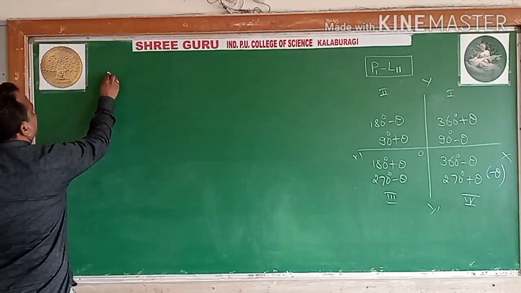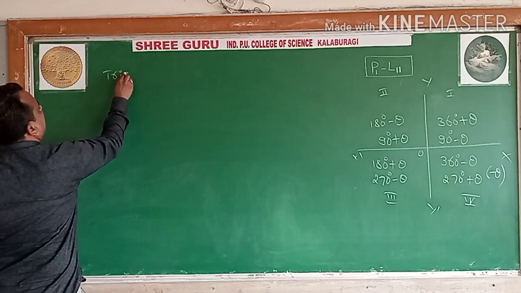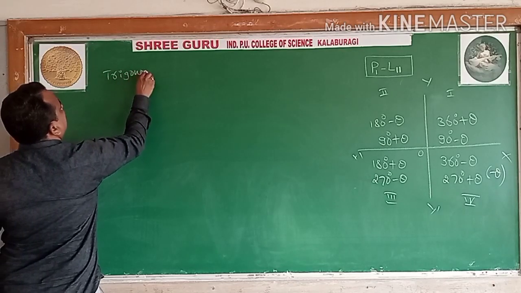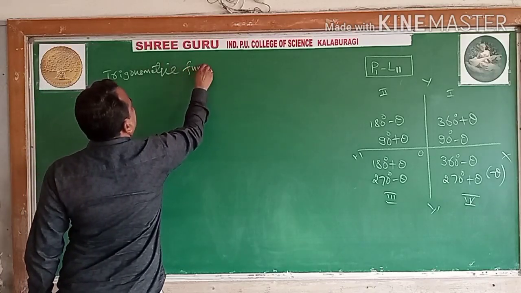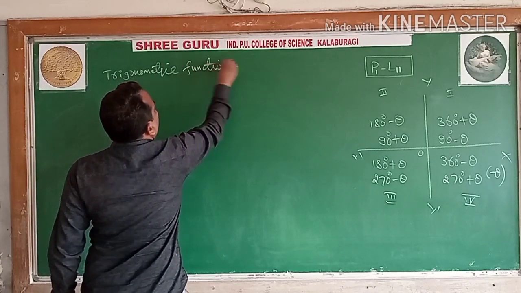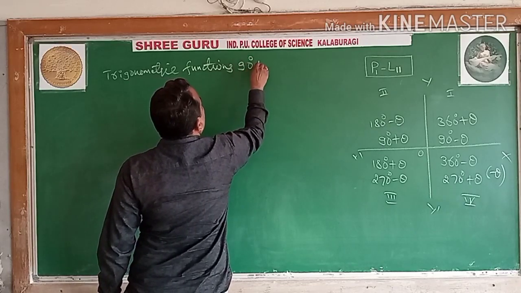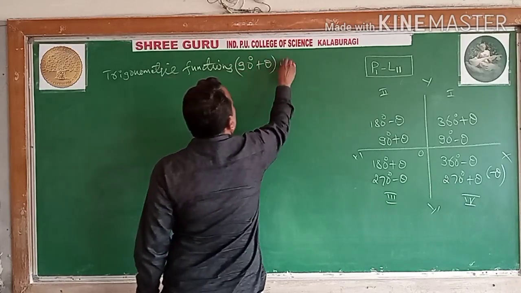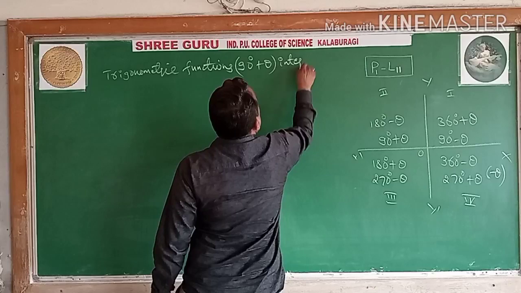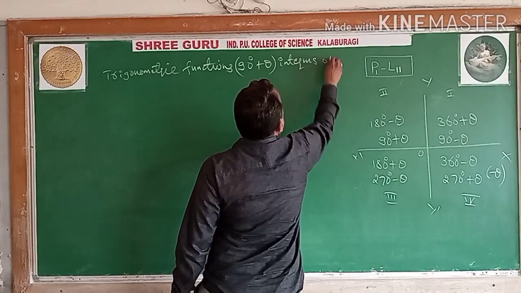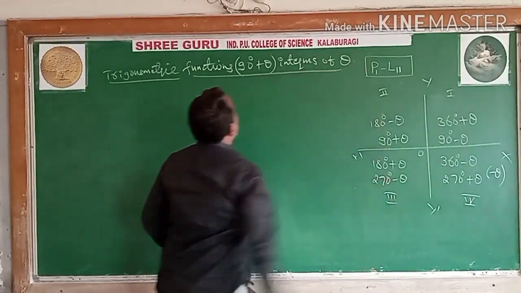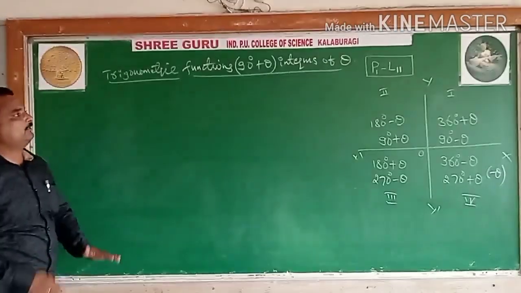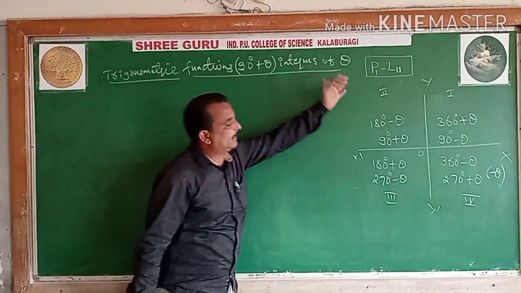Now come to the second one, trigonometric functions of 90 degree plus theta in terms of theta. So let us discuss the allied angles in terms of standard angles.